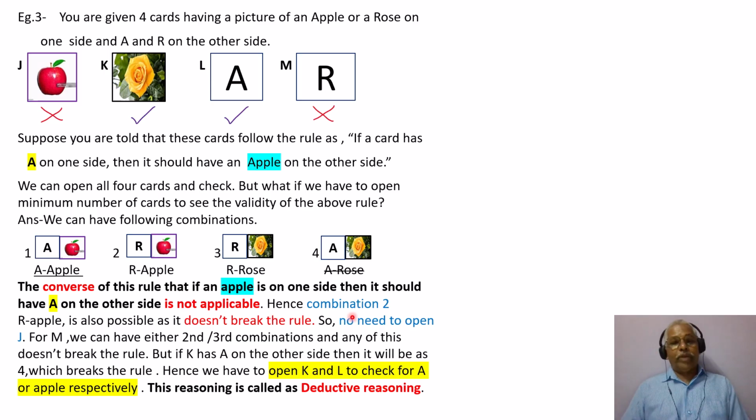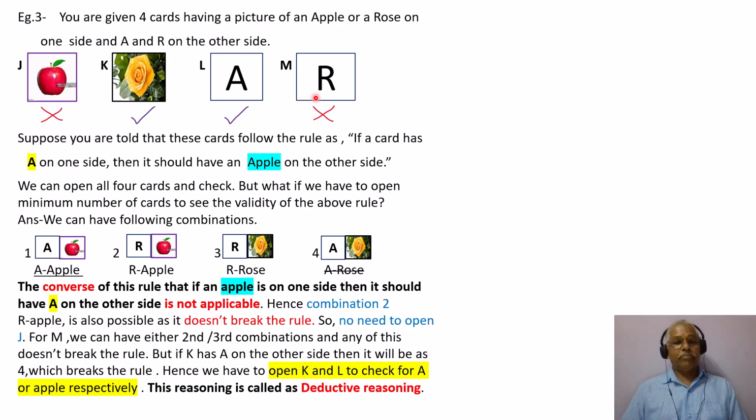So hence combination 2 R apple, this can have R on the other side, is also possible. It's possible and it doesn't break the rule. Okay, got it? So we need not open this.